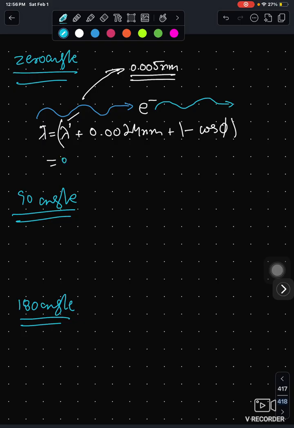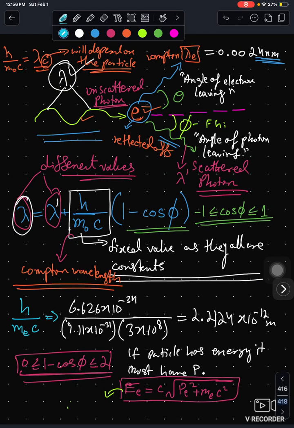So our answer is 0.005 nanometer plus 0.0024 nanometer, and that's it. It will be different in every case, depending on whatever we have, it will change. It will be the same for all others. We just have to put in the value which we have over here. Thank you.